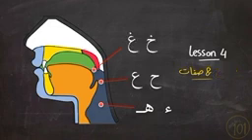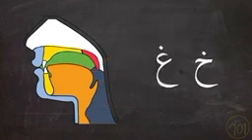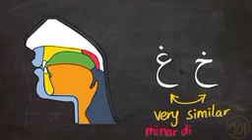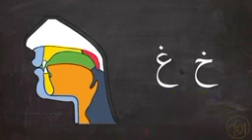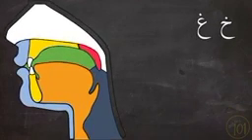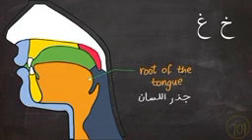So, let's get started. The letters Ghain and Kha are almost identical in how they are produced, with very minor differences. Both of these letters make use of the movement of 2 articulators, or pronunciation organs. First, we make use of the root of the tongue, which is the farthest area of the tongue.